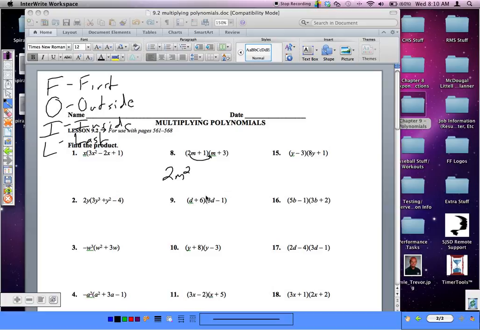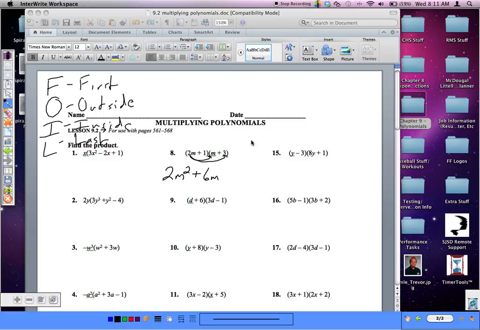Now my outside terms, they speak in terms of from the center out. So the outermost terms would be 2m and positive 3. And when I multiply 2m times positive 3, I get a result of 6m. 2 times 3 is 6. There's only one m in that multiplication process, so that's the result.